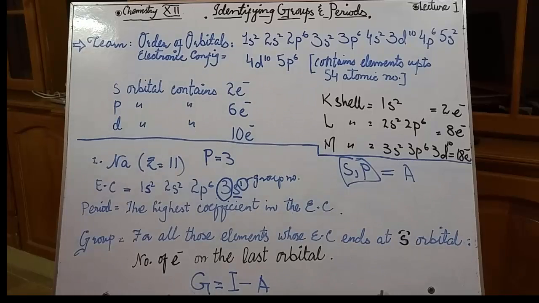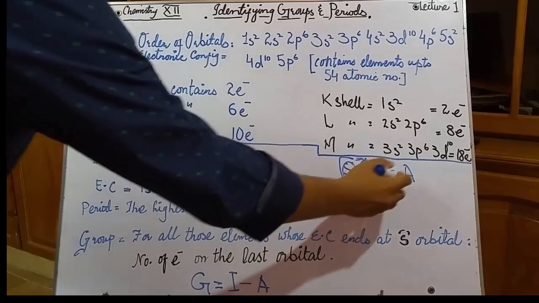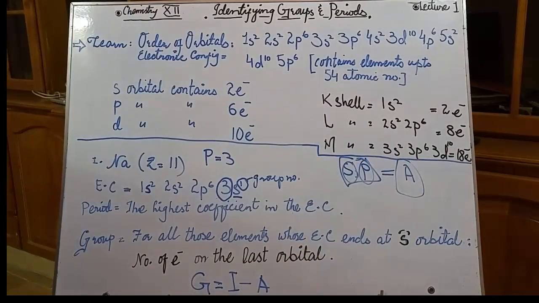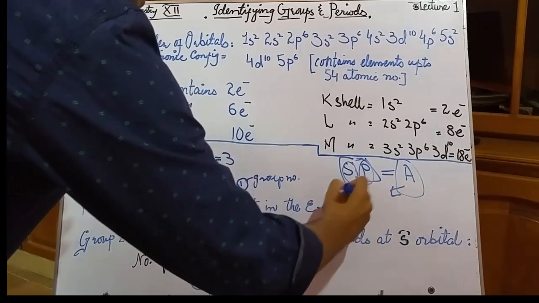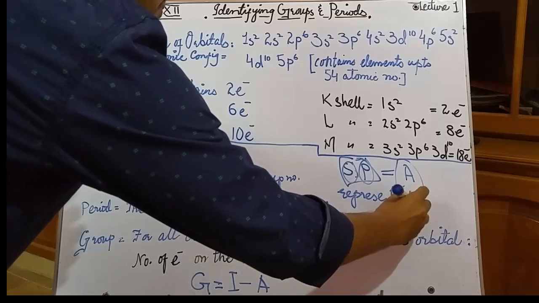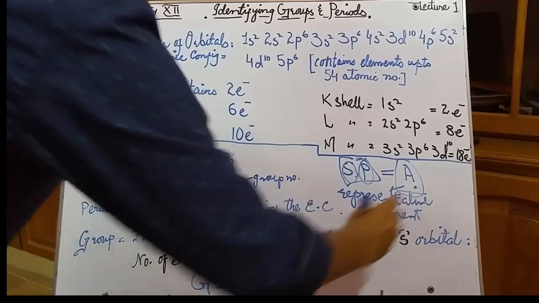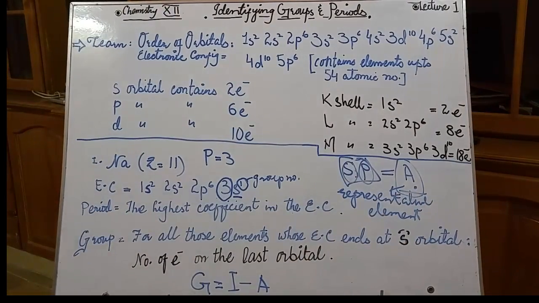So A represents that the element belongs to the representative elements, and B represents that it belongs to the transition elements. For all electronic configurations that end at either S or P, you will write A in the group, and A represents representative element. I hope it's clear. For D and F we will write B.